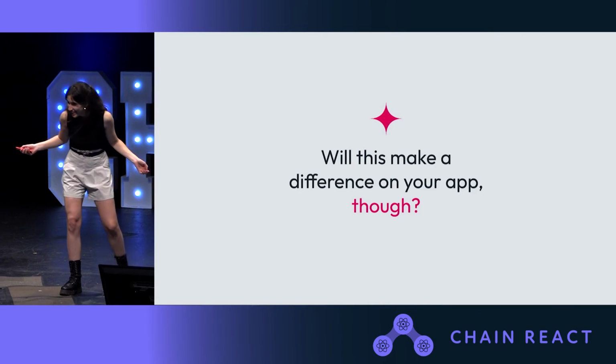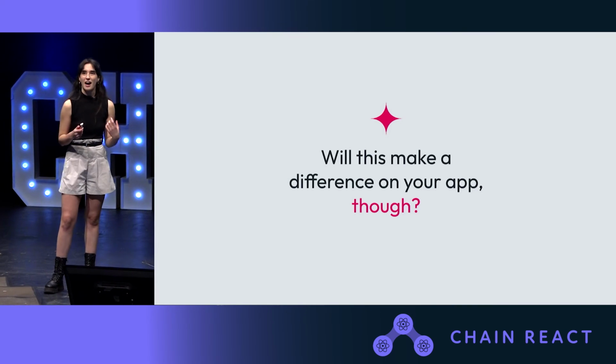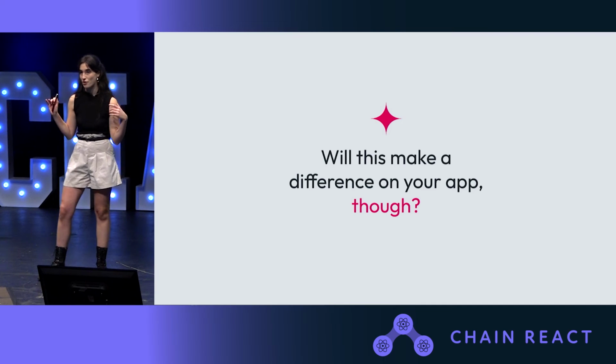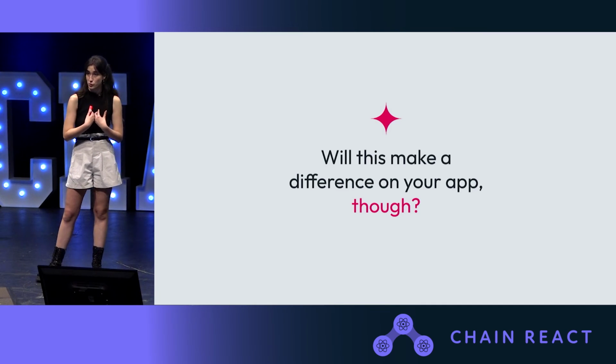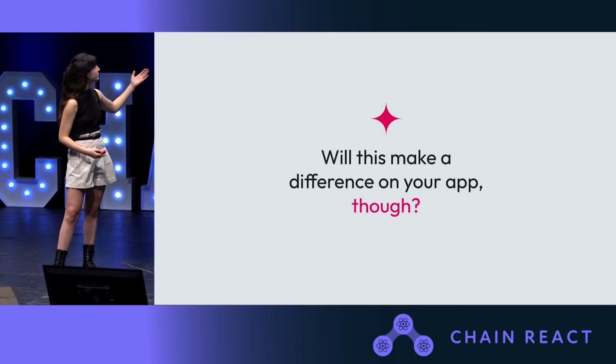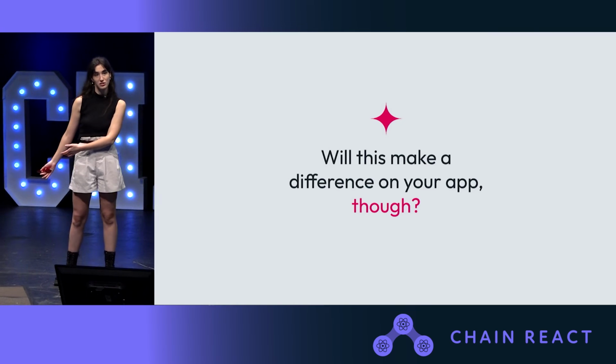Maybe not. Maybe it will. First of all, if you're trying to convince a client or a product owner or your inner voices to update, maybe you can show them these results, and that could be an extra reason.